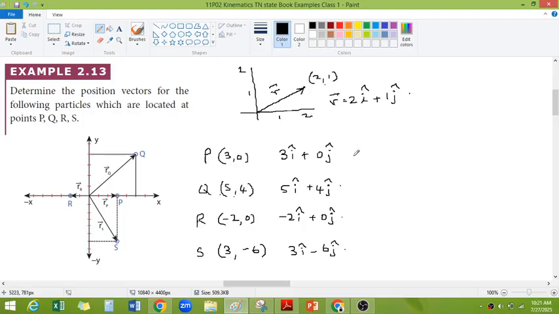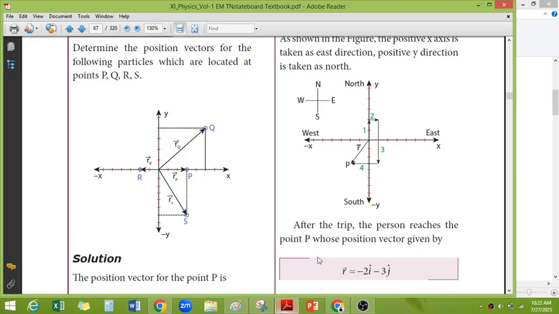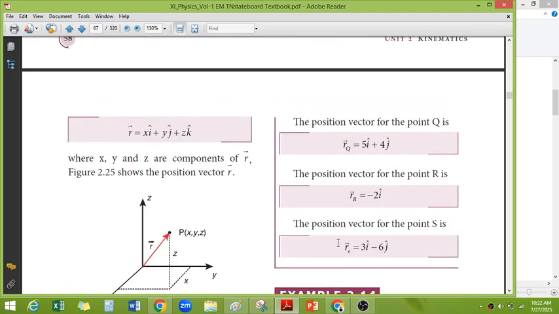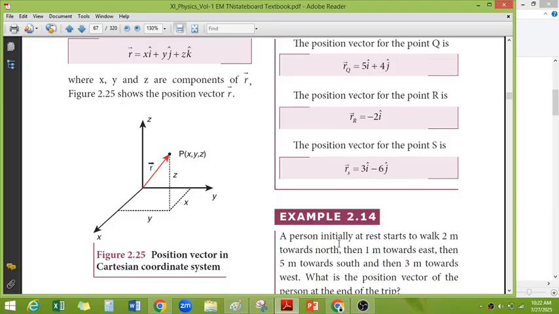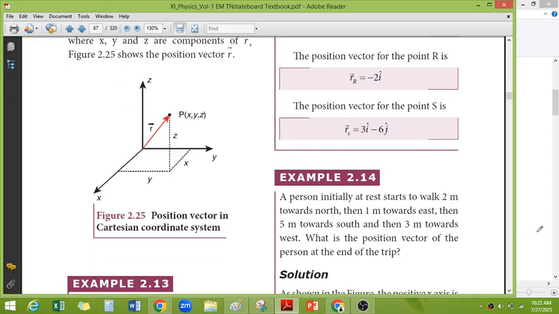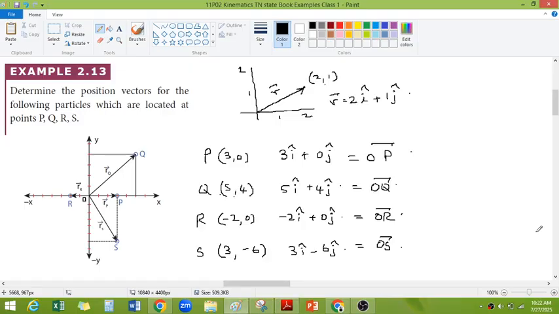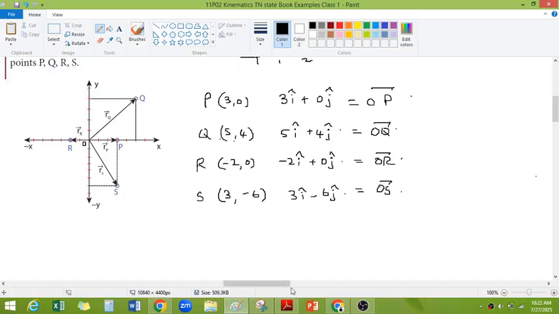You can call this the OP vector, where O stands for the origin, so from O to P, from O to Q. Generally position vectors are given as OP, OQ, OR, OS. Yeah, so 5 comma 4, minus 2, 3 comma minus 6. Everything looks good.